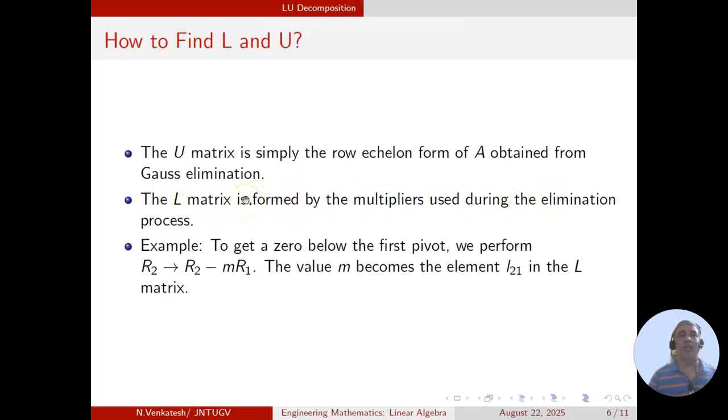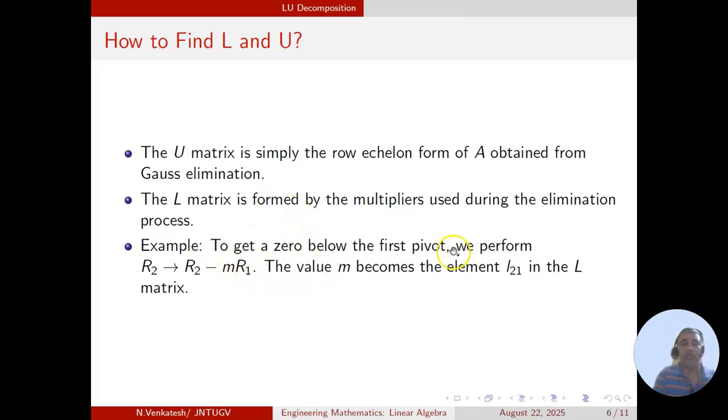As we know, one of the elementary row operations that we do to convert that augmented matrix into an upper triangular matrix is adding multiples of one row to another. Now, whatever multipliers we have used there, we will consider as elements of the lower triangular matrix.